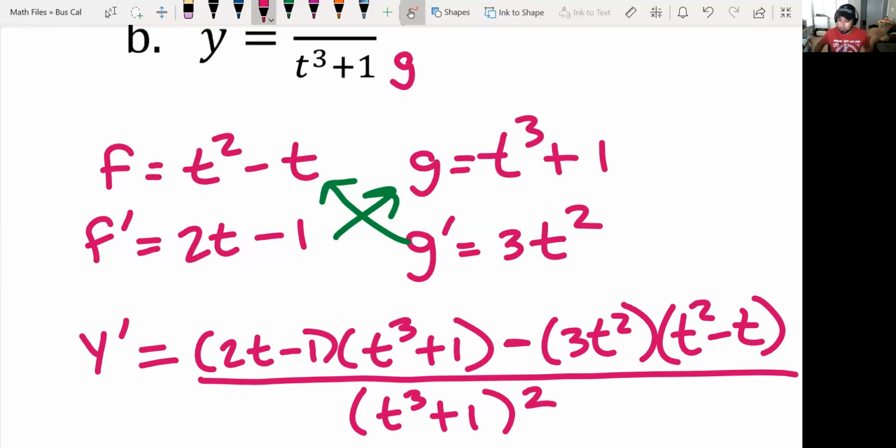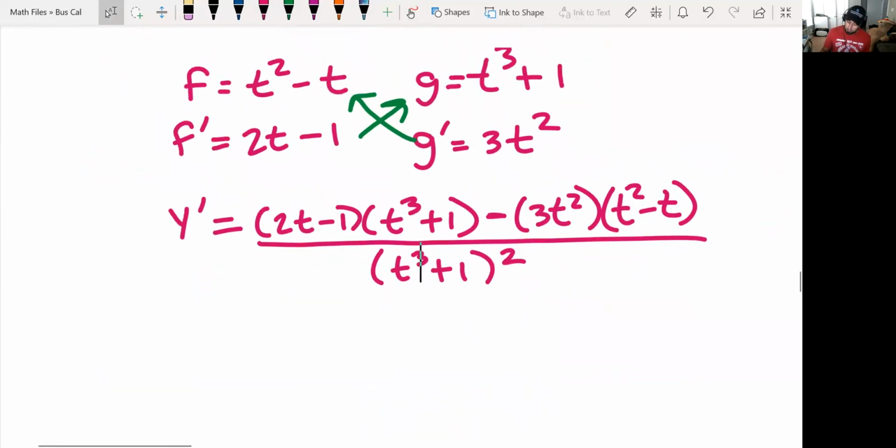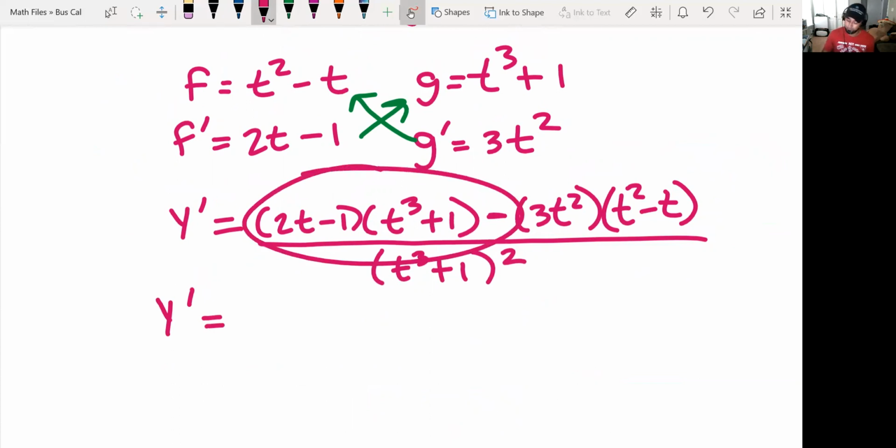Okay. There it is. Quotient rule's done. Calculus is done. Algebra time. You're going to have to FOIL the first two. So FOIL these two.